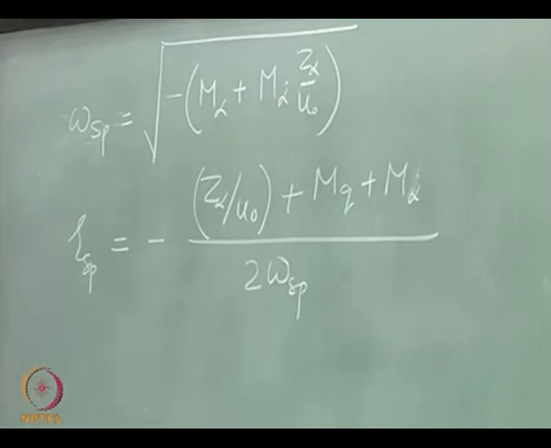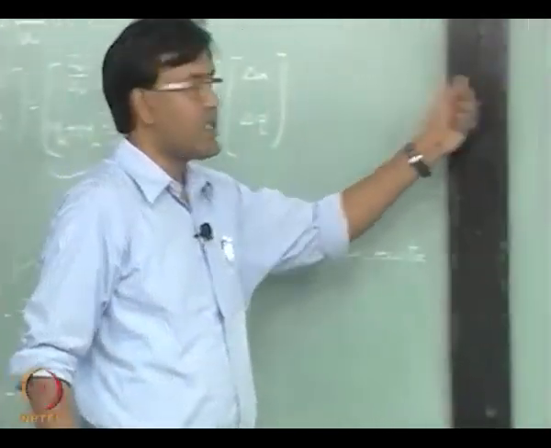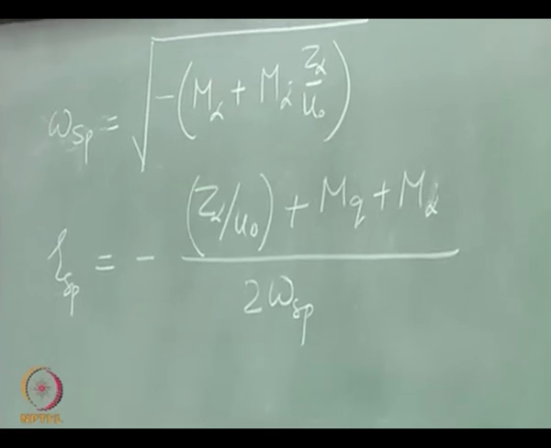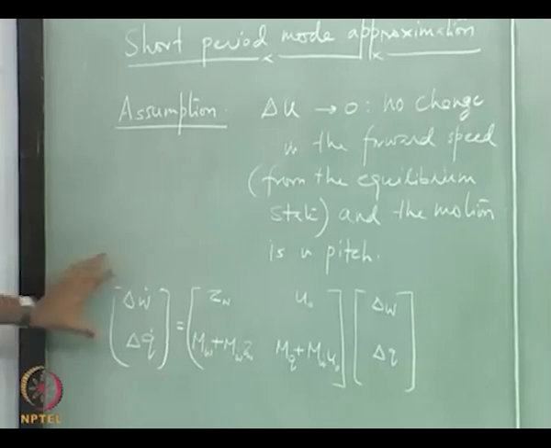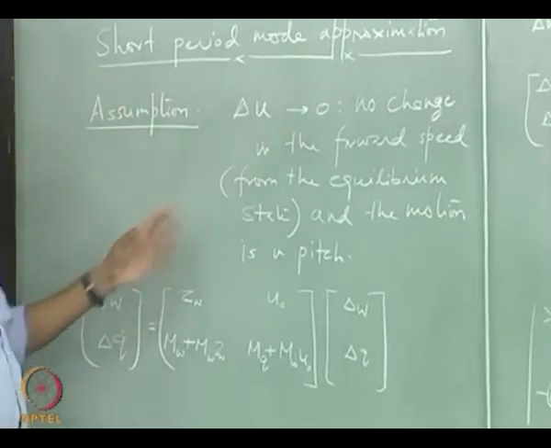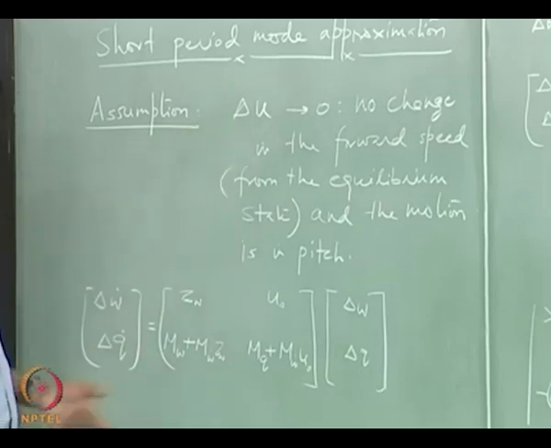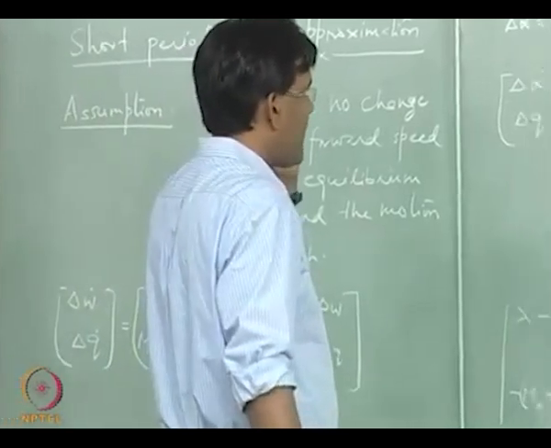Remember, we first of all started looking at a pure pitching motion, right, and we got a second order equation from which we derived expressions for frequency and the damping of the aircraft in pure pitching motion, right. And here we are making an approximation saying that the change in forward speed is negligible and the motion is in pitch, right. What is happening here?